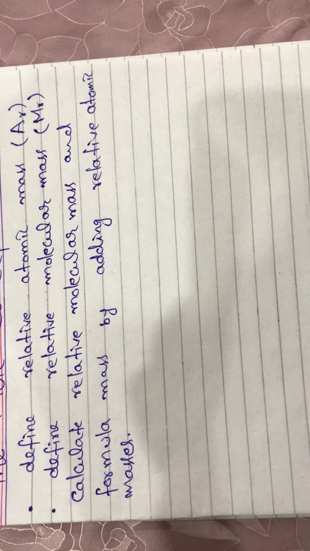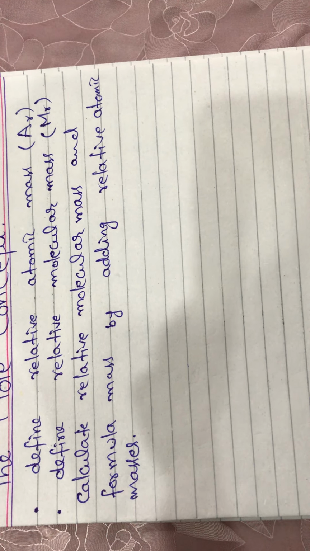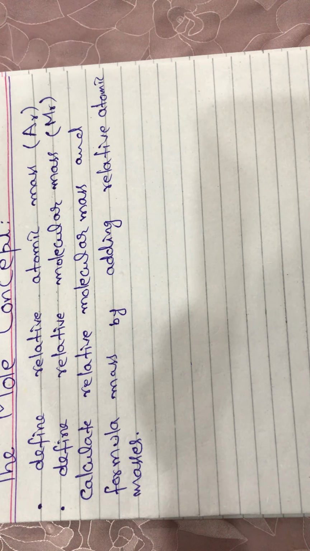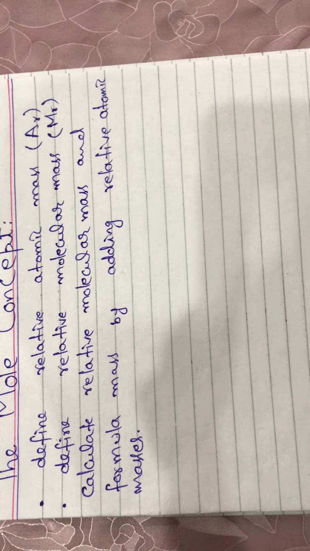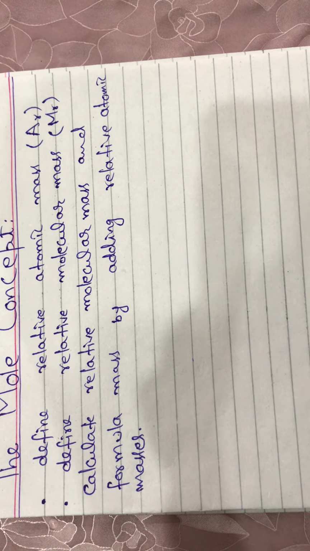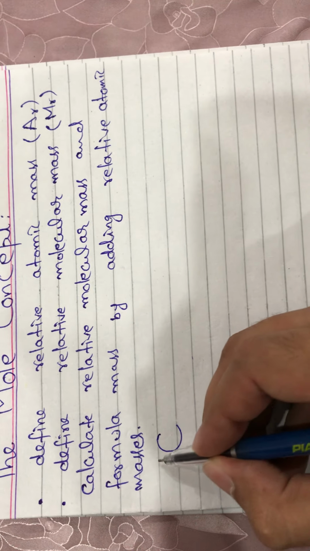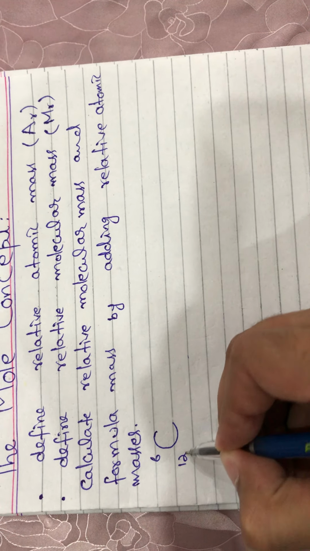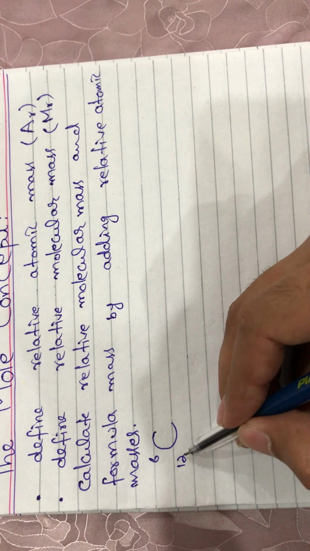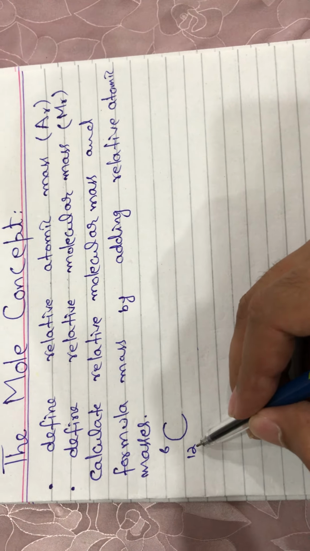And we will study what is meant by relative atomic mass and how it is different from an atomic mass. As you know, a carbon atom, 6 and 12, 6 is its atomic number and 12 its atomic mass.